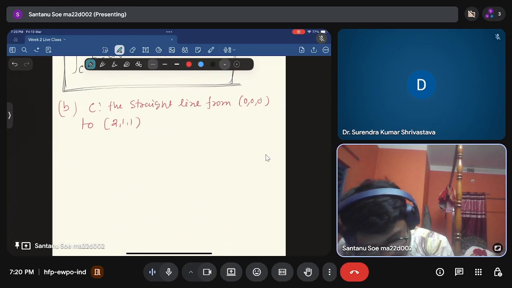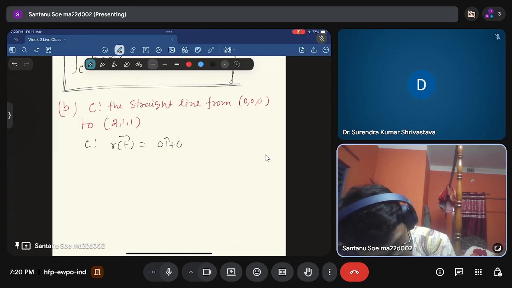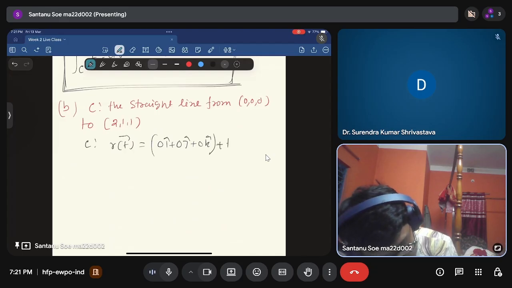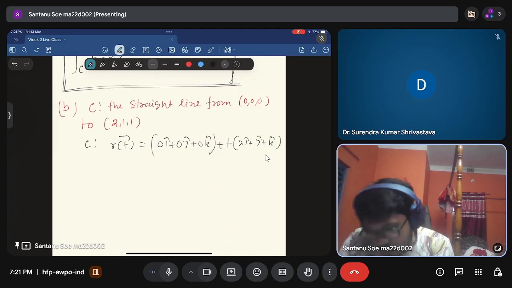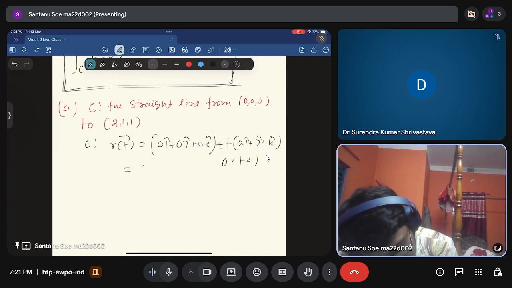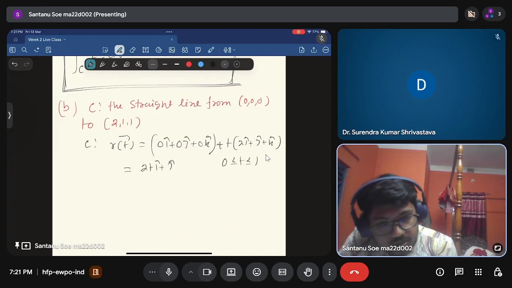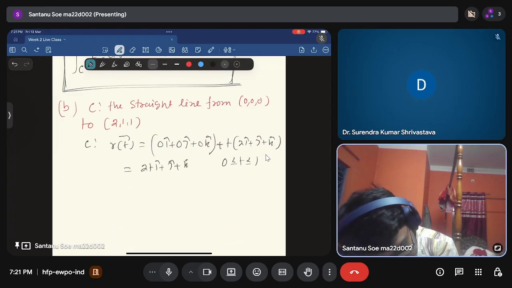In this case our equation of the straight line will be r of t equals 0i cap plus 0j cap plus 0k cap plus t times (2i plus j plus k), where 0 is less than or equal to t, which is less than or equal to 1. So simply 2t i plus j plus k cap.